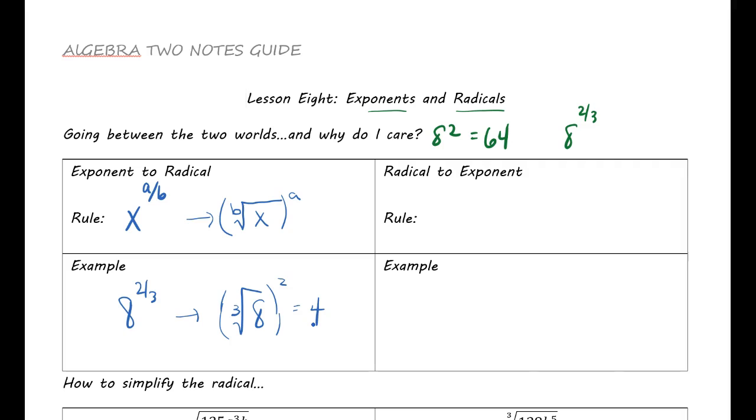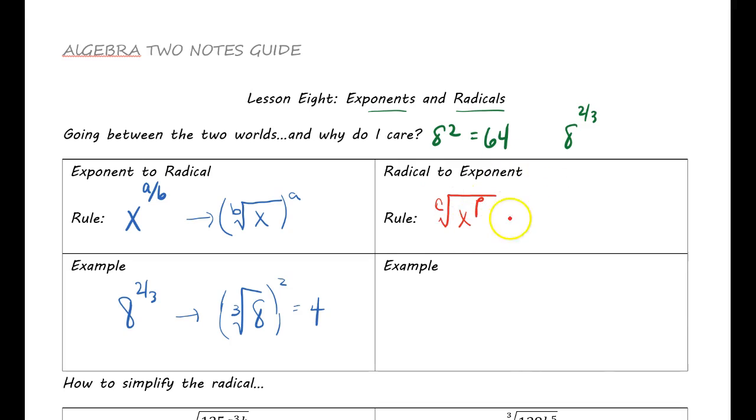So let's go the other way with it. If we have a radical, okay, never mind, we're doing the rule first. I'll put a C here, an X here, and a P here.